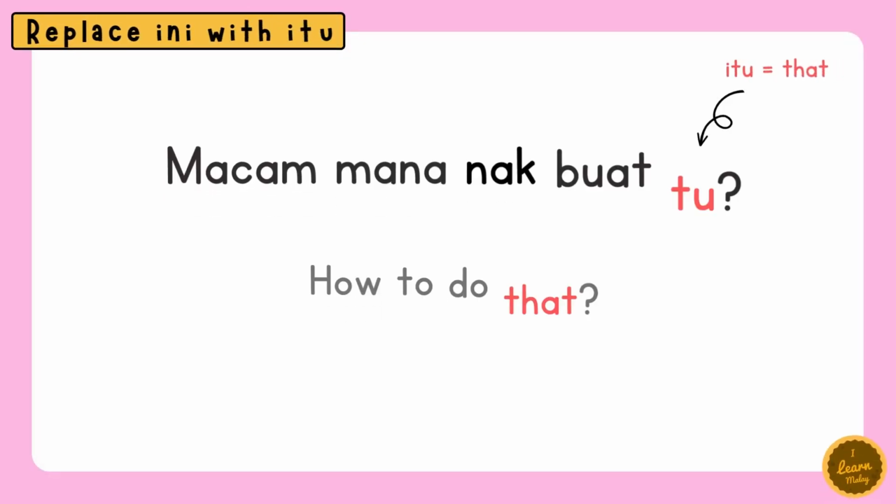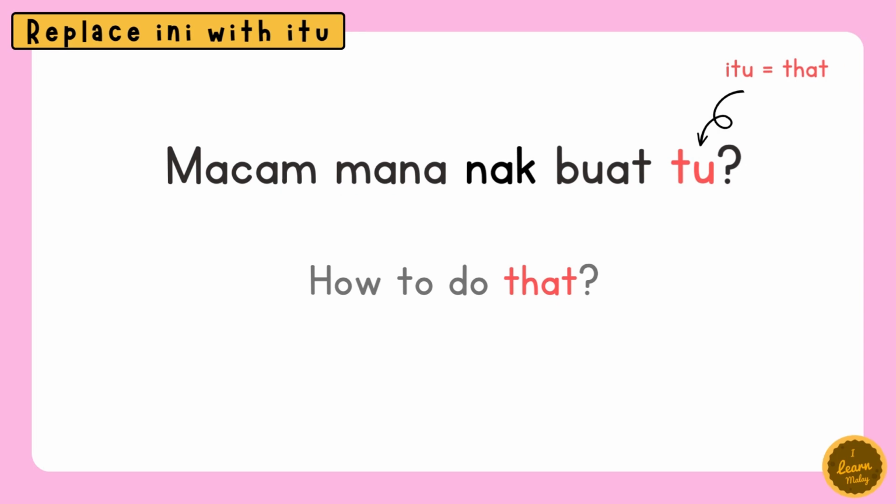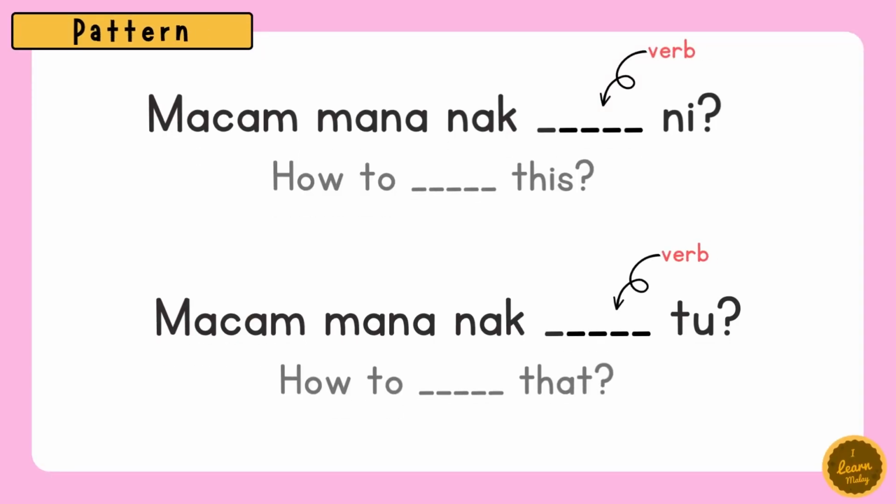Ni can also be replaced by tu or itu if the thing or action that you want to do or learn to do is further from you. Macam mana nak buat tu? How to do that? In summary, remember this pattern in making the question colloquially, of course, to ask for guidance from someone in doing something.